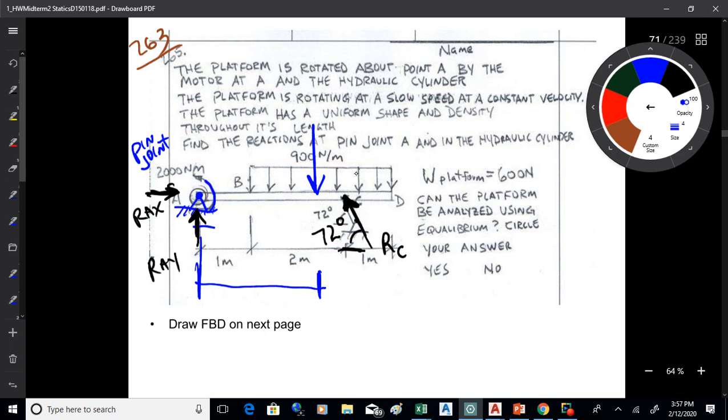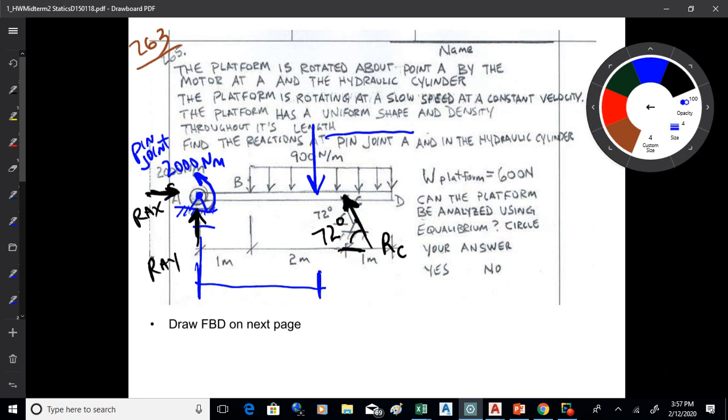You need to account for this couple right here, which is 2,000 Newton meters. And then we've got 900 newtons. No, we got 2,700 or something like that up here. Okay, so you're going to want to find that force and that moment arm. And then you just proceed to try and solve this thing.